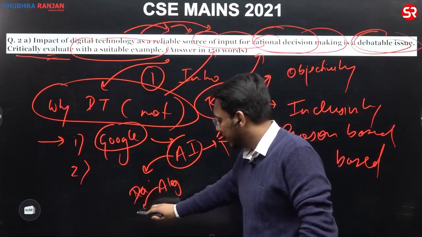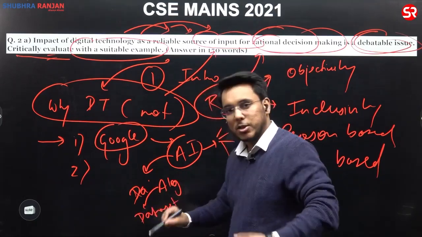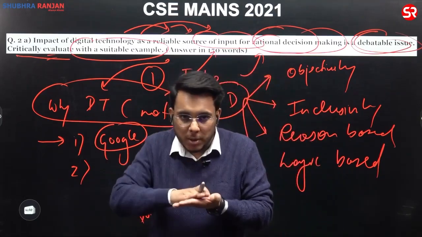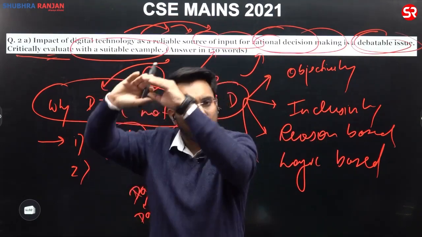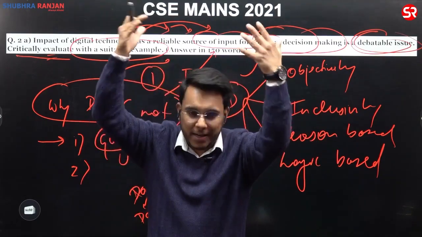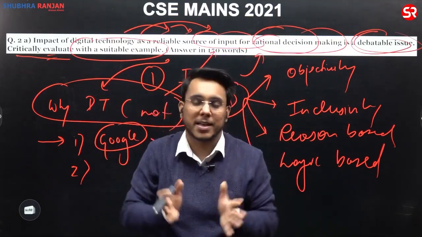In the backend, this algorithm will be based on certain data. So first of all, there is data. On the basis of data, you design an algorithm, and on that algorithm, an artificial intelligence program will be built, which will help you in making decisions.